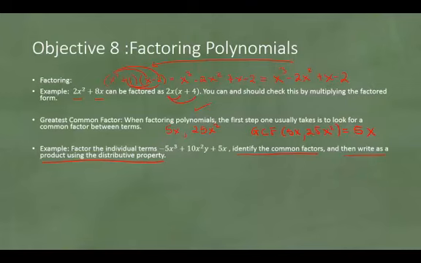So for example, in negative 5x cubed plus 10x squared times y plus 5x, we can write negative 5x times x squared plus, instead of 10, we can write 2 times 5x times xy plus, and then here we can just write 5x times 1. If you're not used to writing it out like that, that's okay.